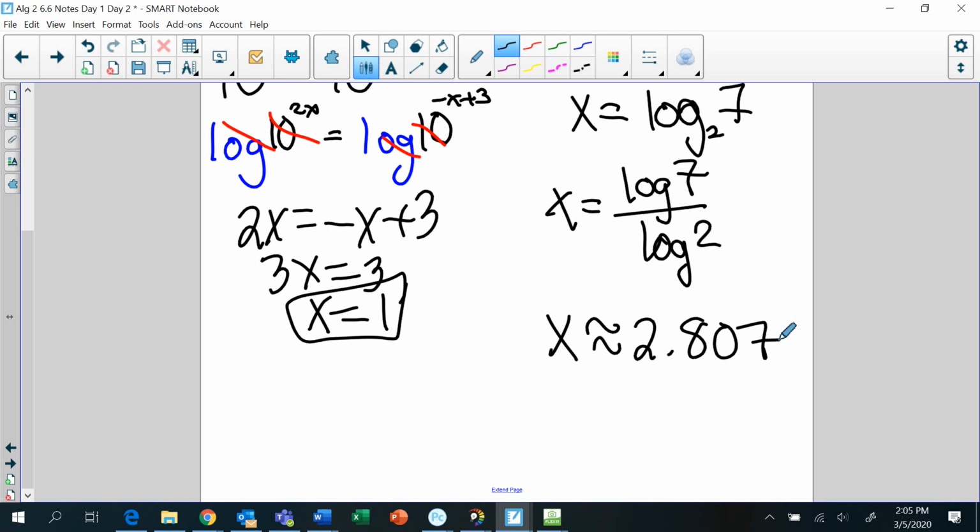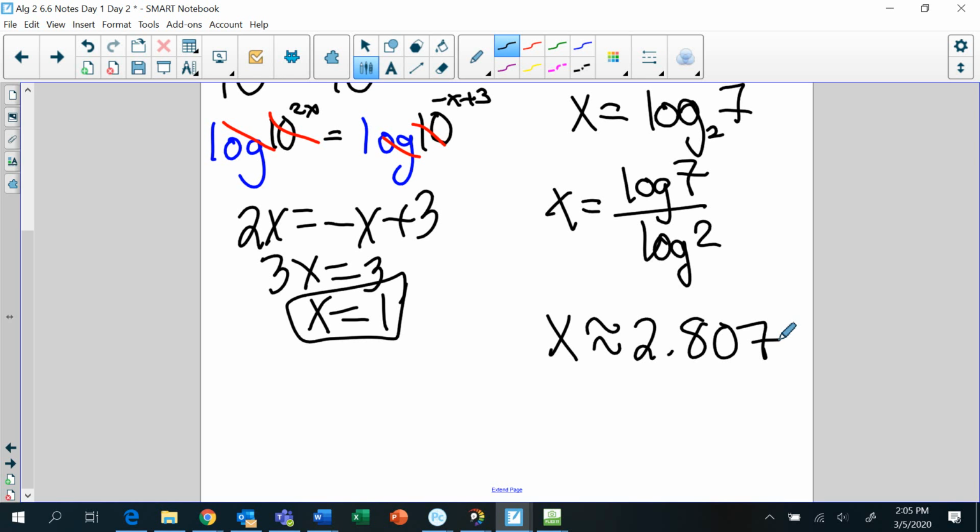If you have log base on your calculator, I don't know if you have it. Where do I go? Math. Go up. You do have log base A.